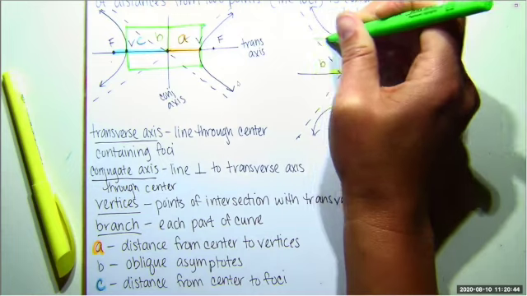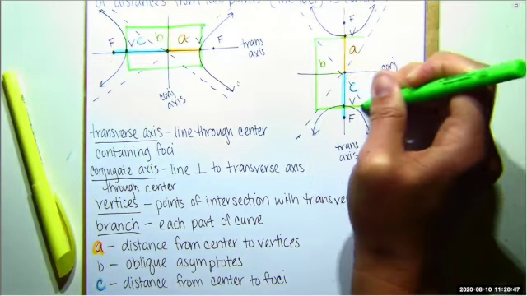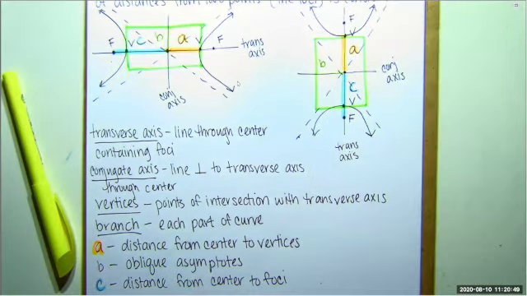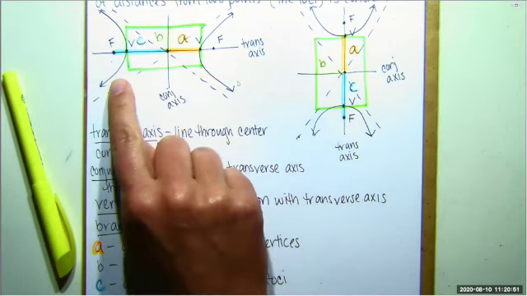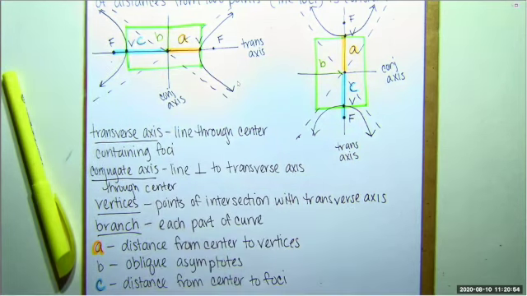And the oblique asymptotes will go right through the corners. I'll show you how this works. My drawing's a little off, but these should go right through the corners.